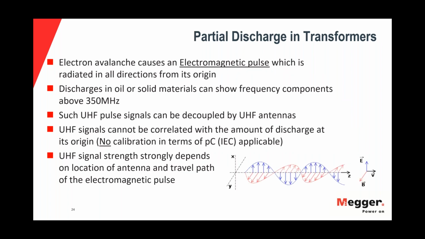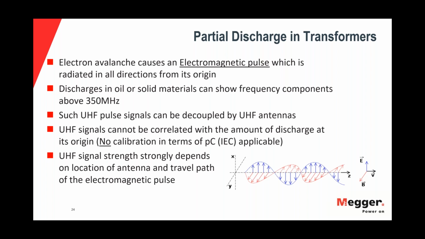Okay, as I mentioned, an electron avalanche causes an electromagnetic pulse, which is radiated in all directions from its origin. And discharge in oil or solid material can sometimes show frequency components above 300 megahertz. In that case, a UHF pulse signal can be decoupled by a UHF antenna.